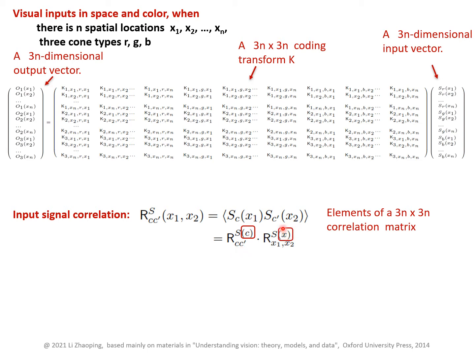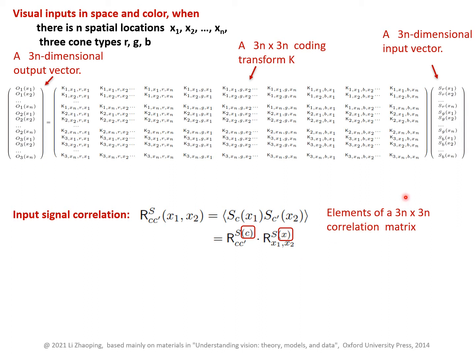And this factor takes care of the spatial correlation, with the superscript bracket X, between location x1 and x2. And it turns out that in space and color correlation, this kind of writing out into 2 factors is indeed the case in natural scenes.